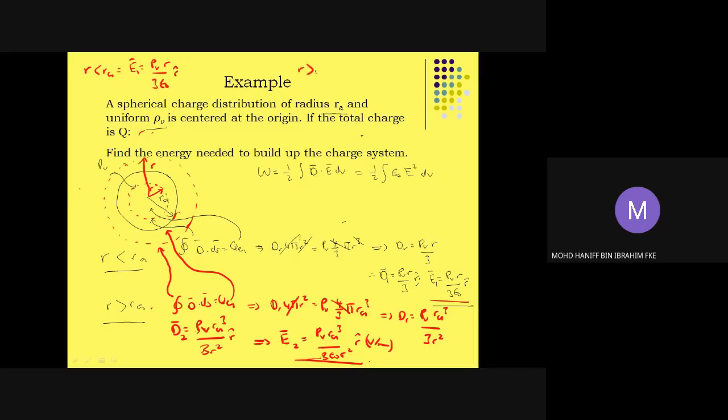For R bigger than RA, we have electric field number 2, equal to rho v RA to the power of 3 divided by 3 epsilon naught R to the power of 2, direction of R. Now I need to erase this portion because we are going to use it to calculate the energy.